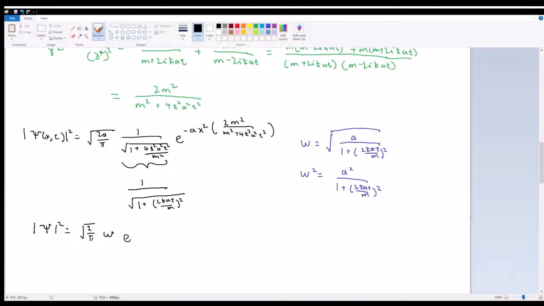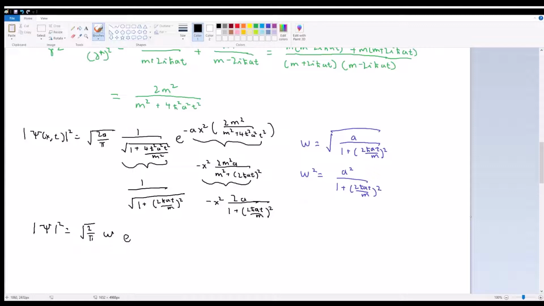We can rewrite this as negative x squared times 2m squared a over m squared plus 2 h bar at squared. And then there's nothing stopping us from moving the m squared to the bottom, so this is going to be negative x squared. If we multiply by 1 over m squared, then this is going to be 2a over 1 plus 2 h bar at over m squared.